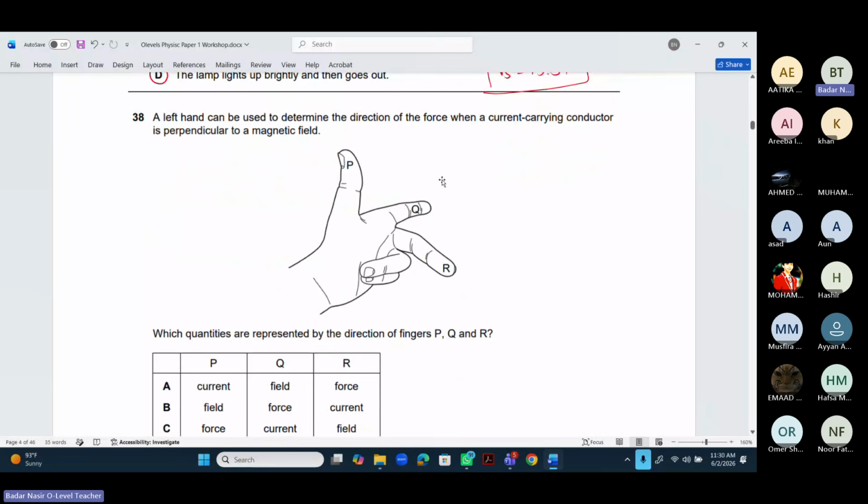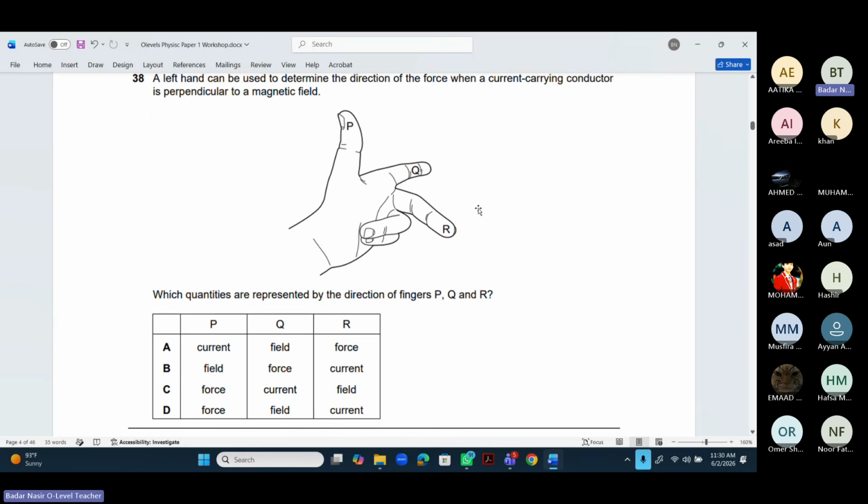Okay, a left hand can be used to determine the direction of the force when a current carrying conductor is perpendicular to a magnetic field. So we have F M C: father, mother, child: force, magnetic field and current.